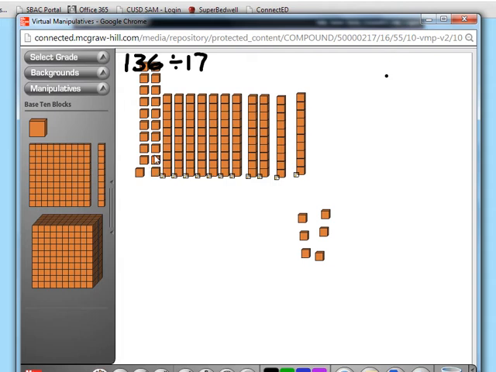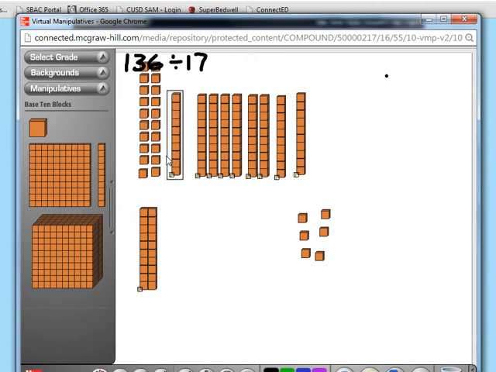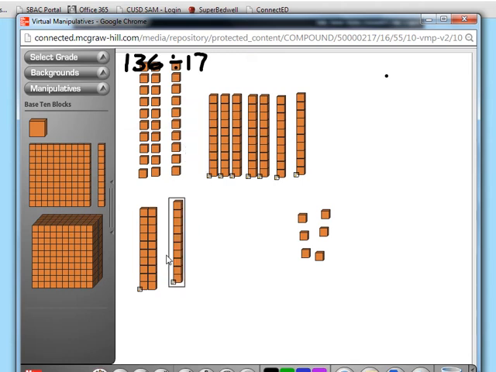All right? But what I want to do is move this down here, because how many groups do I need? I need 17, right? So what I'm going to do is separate this in half right now, just because I know I need 17 groups.